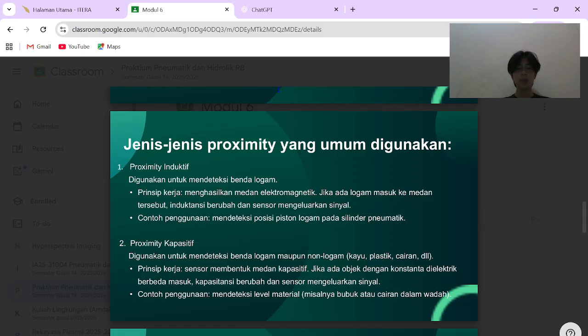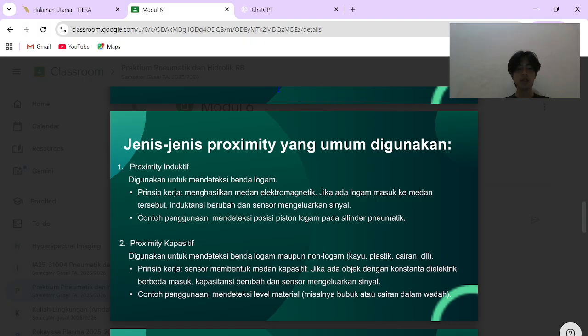Two, capacitive proximity sensor: used to detect both metal and non-metal objects such as wood, plastic, or liquid. Working principle: forms a capacitive field. When an object with a different dielectric constant enters, capacitance changes and the sensor outputs a signal. Example: detecting a material level in containers.